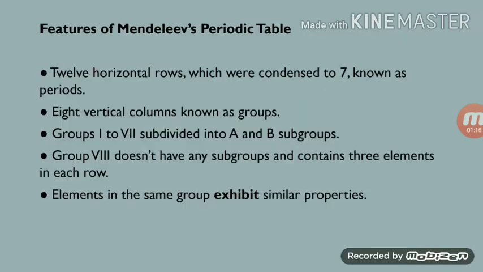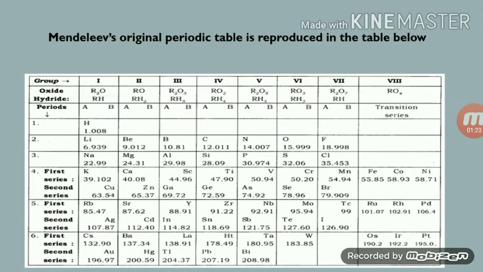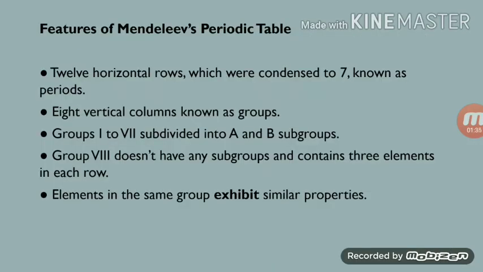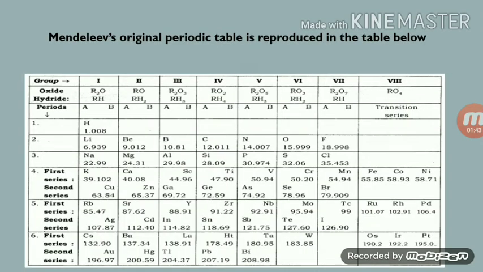Next is 8 vertical columns known as groups. How many vertical columns are there? There are 8 vertical columns and they are known as groups. Next, group 1 to group 7 are subdivided into A and B subgroups.